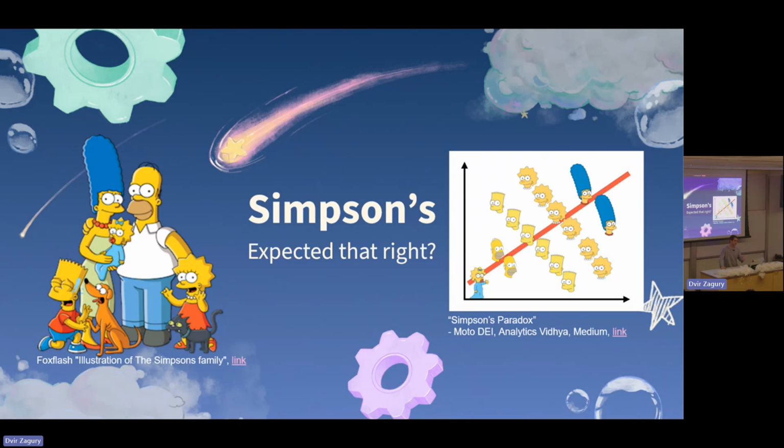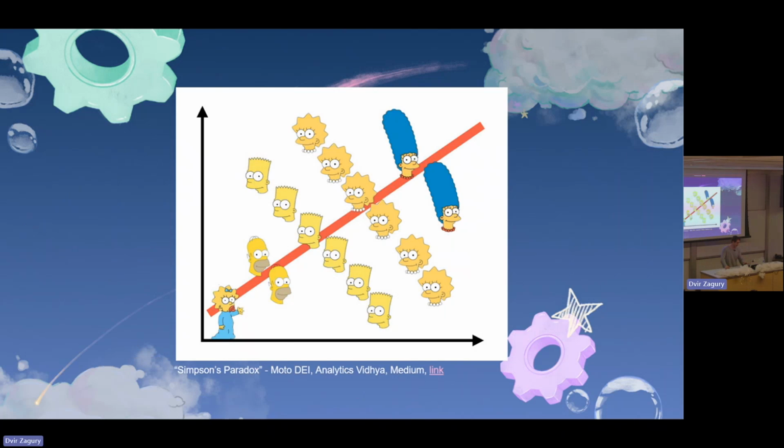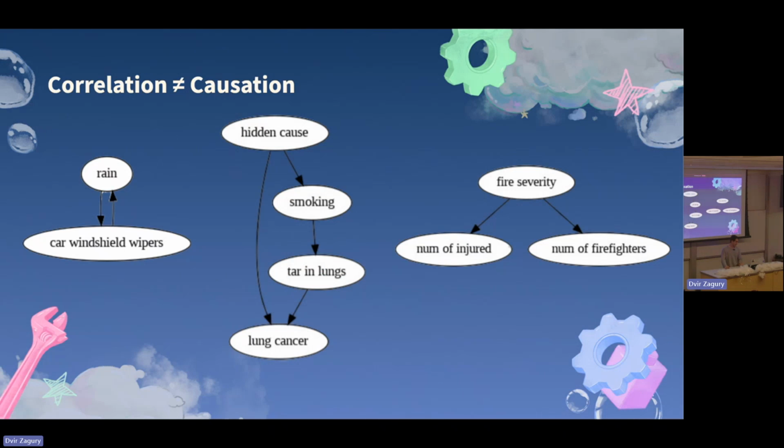So that's just to build an intuition on how, if you don't think about the data you have before actually trying to make conclusions from it, you can get to very wrong conclusions, even opposite conclusions.